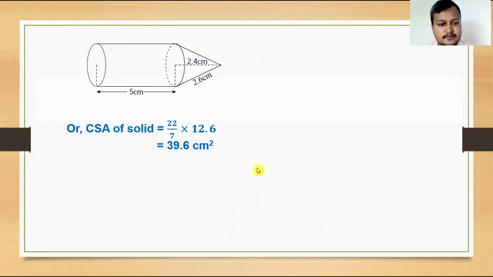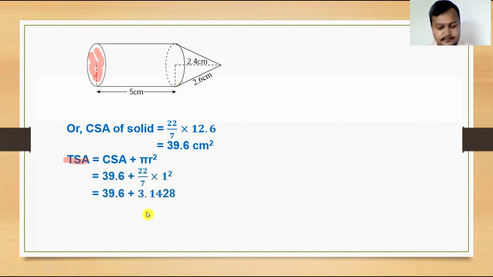Now next we have to find the total surface area. For total surface area, add the curved surface area with the area of the base, the area of this circle. Add the area of the circle to the curved surface area, and the total surface area will come. So for that also we put this 39.6 here as it is, and after that pi, 22/7, r square means 1 square.